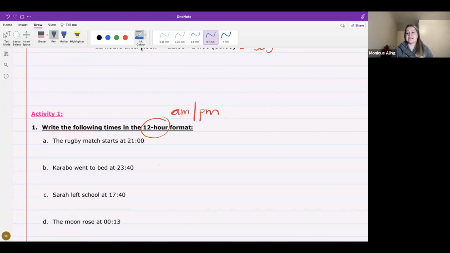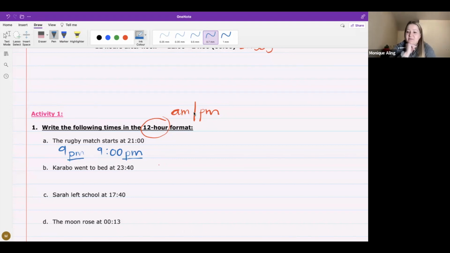Fantastic. So since it is 9 o'clock on the dot, you can just say 9 p.m. or you could say 9:00 p.m. But the most important thing there is that it says p.m. after your time. Good. Nice.